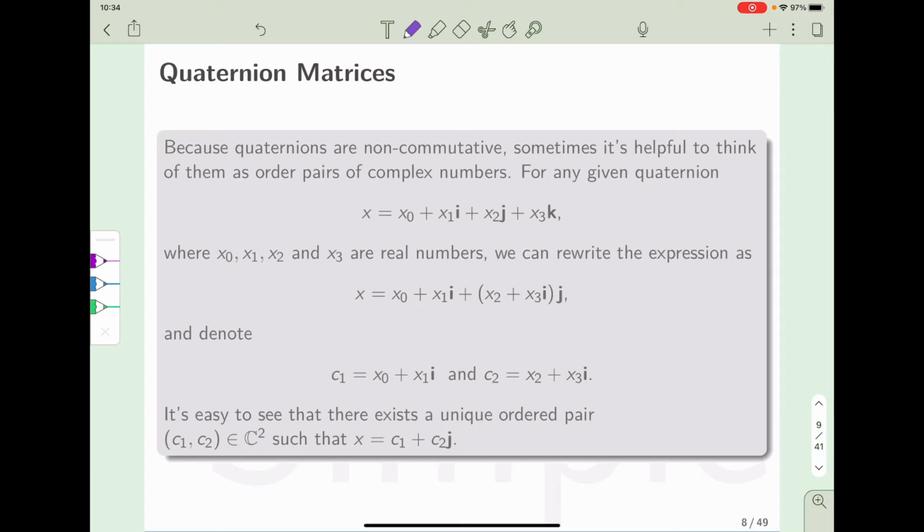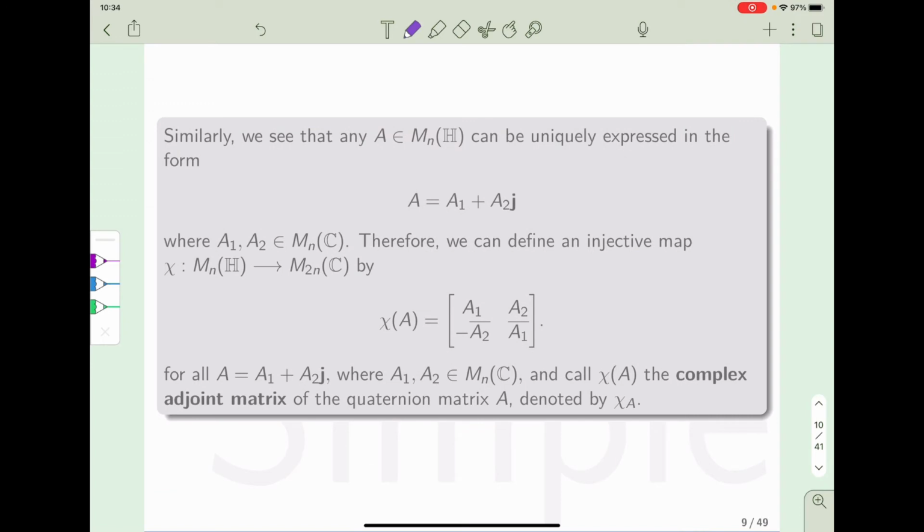And this is called the symplectic form of a quaternion. Similarly, for any given quaternion matrix A, we can decompose each of its entries into the symplectic form so that the quaternion matrix A can be uniquely expressed as an ordered pair of complex matrices.